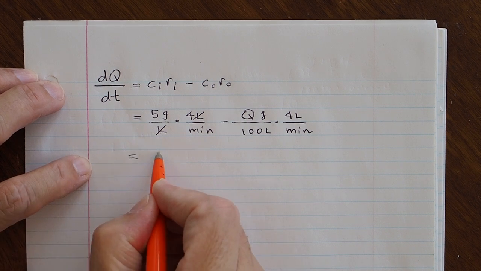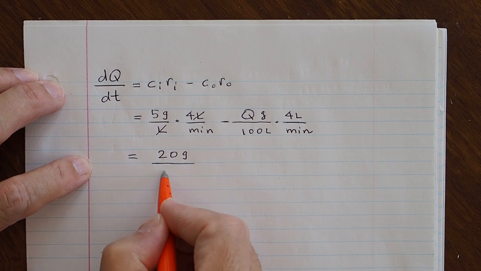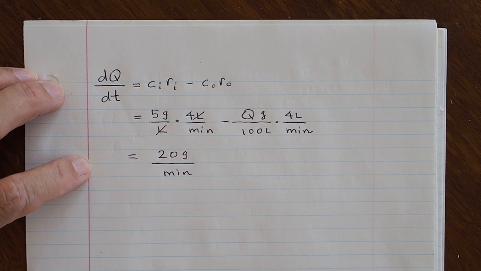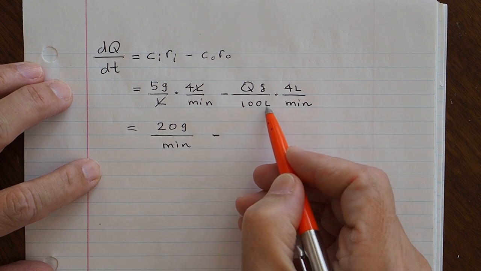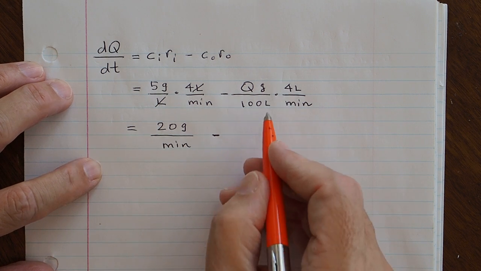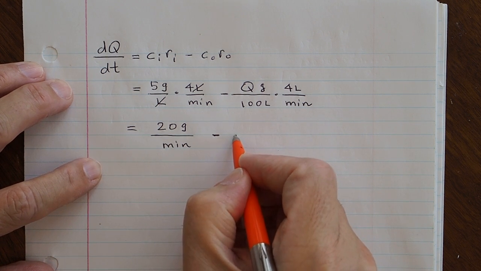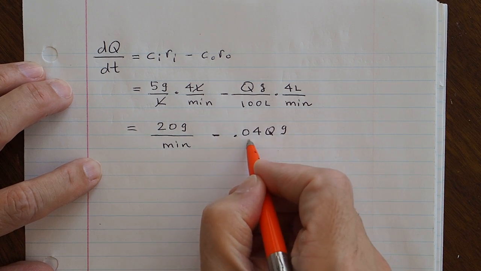And you get 5 times 4 is 20 grams of pollution going into the tank per minute. And over here, same thing, these L's cancel, and you're going to get grams per minute exiting the tank. So once they cancel, you have 4 divided by 100 is going to be 0.04 Q grams per minute.